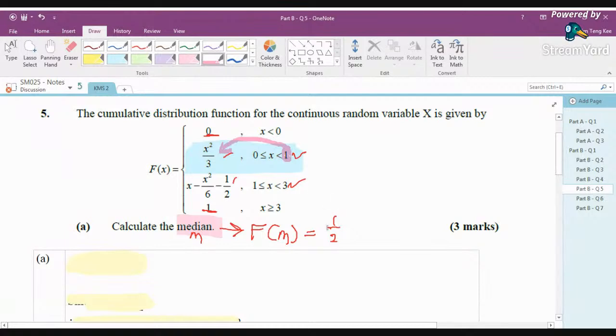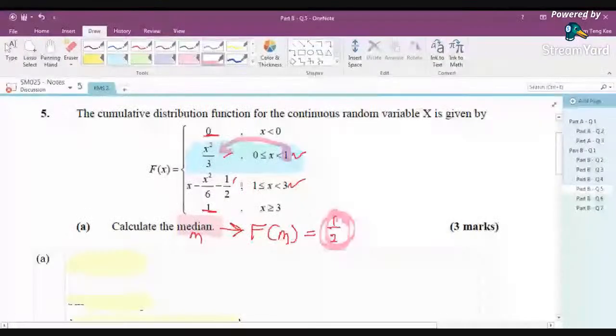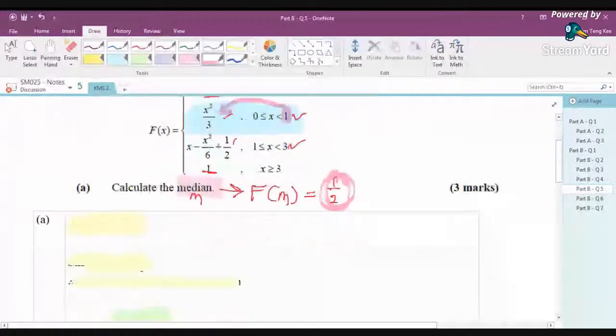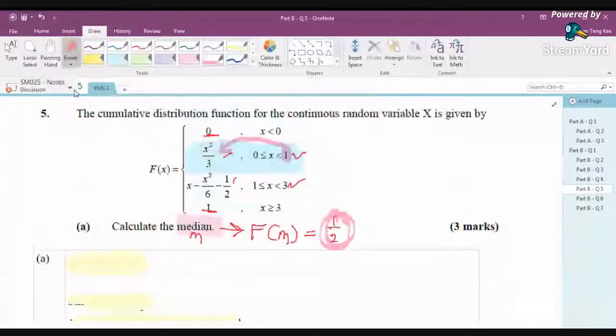We try to compare with 1/2, whether it's greater than, less than, or equal to 1/2. If equal to 1/2, then just nice, we have identified the median. But if we don't get 1/2, and get more than or less than 1/2, then we have to make another conclusion.